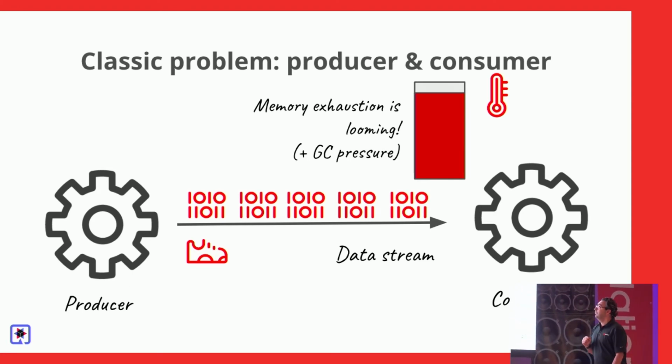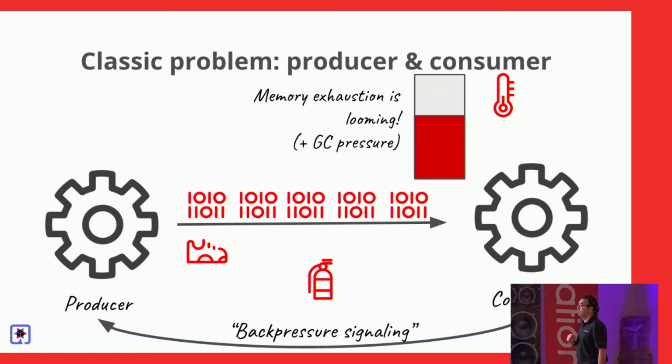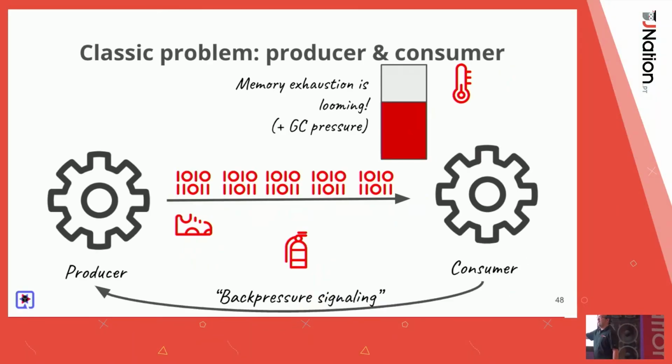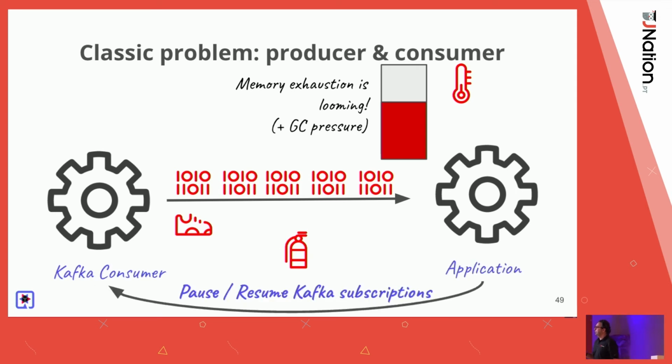So what can we do? Well, we need to have signals where the consumer says, hey, come on, I can't handle more, so please stop. However, in Kafka, it's not that simple to do this. So what we are doing is basically your application, which limits your capacity because you write to a database or whatever, needs to inform Kafka that it can't handle more. And for this, we're using pause and resume cycles.